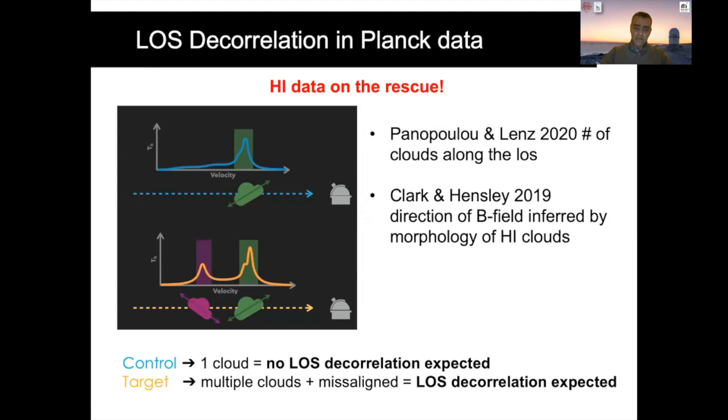But there is now evidence that this effect is actually present in Planck data. The key in the identification of this effect, of course, is to know where to look for it. And that's where 21 centimeter HI data comes to the rescue in 2 different ways.